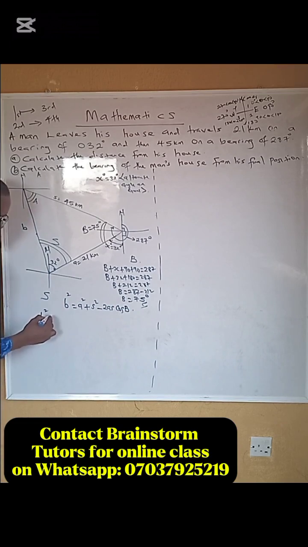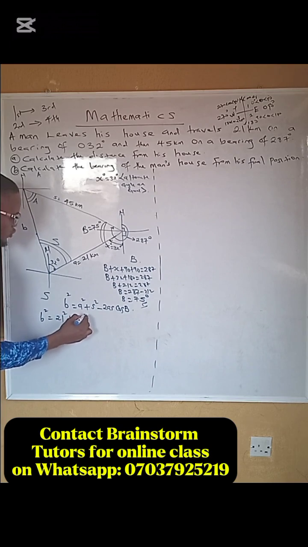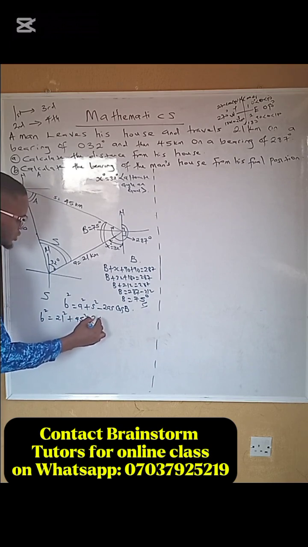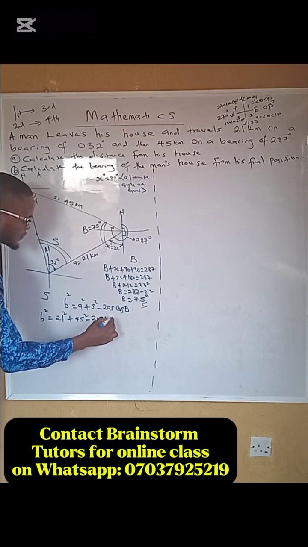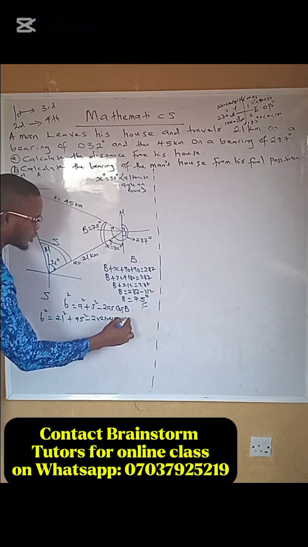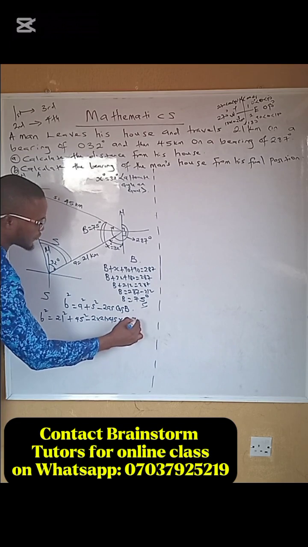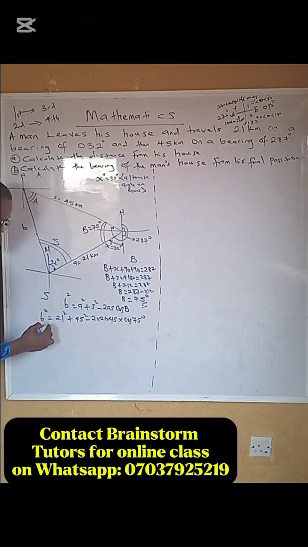I have b squared equals, what's my a squared? My a squared is 21 squared plus my s squared is what? 45 squared minus 2 times 21 times 45 times cos 75 degrees. So you can just use your calculator to make the work so fast.